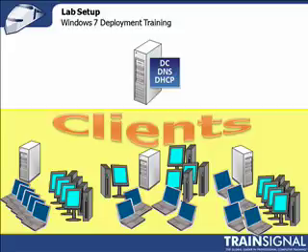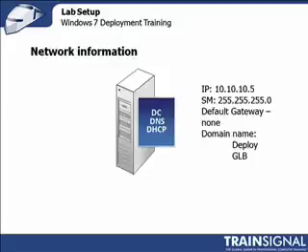To start with, I have one server. This server is my domain controller. It's running DNS, and it also has DHCP set up with a scope of IP addresses to hand out to all of its clients. If we dive a little deeper into the domain controller, you'll find out that his IP address is 10.10.10.5.